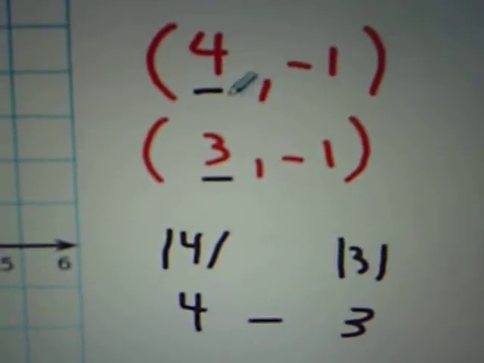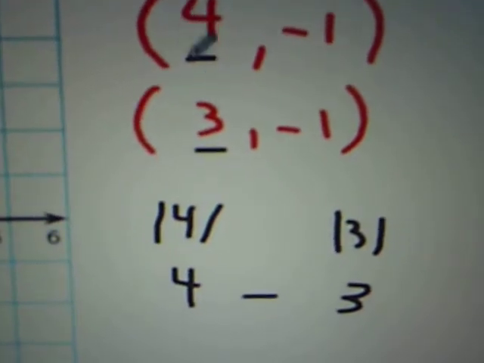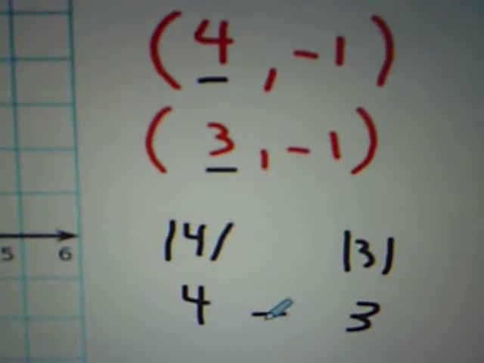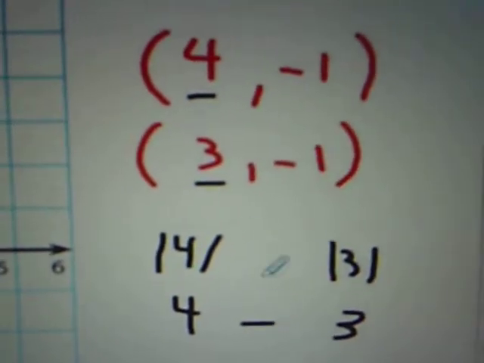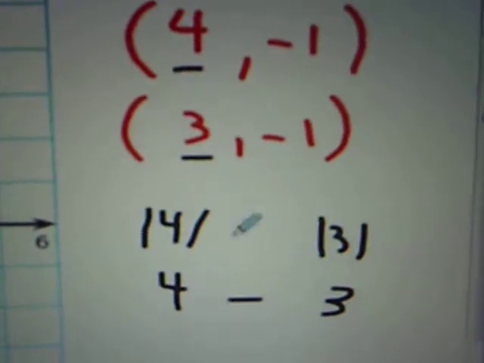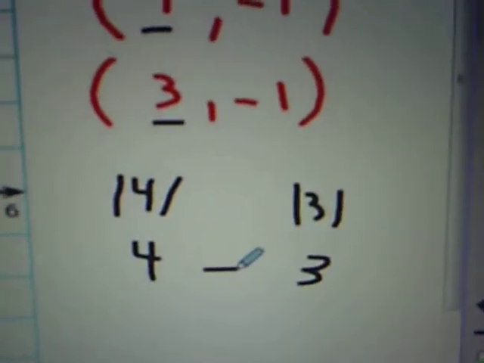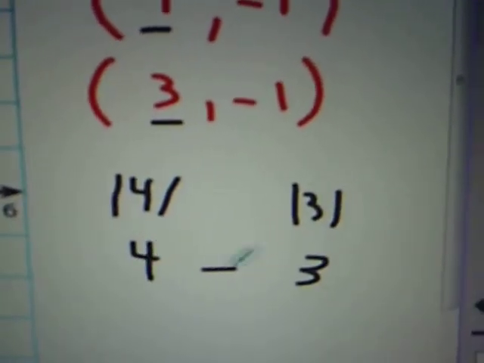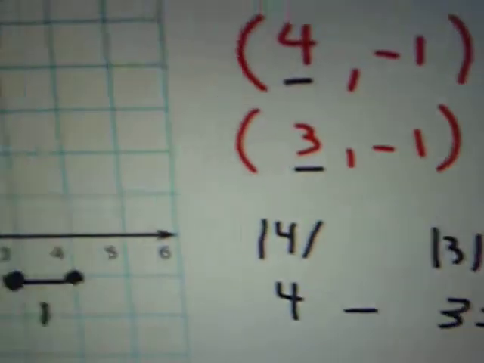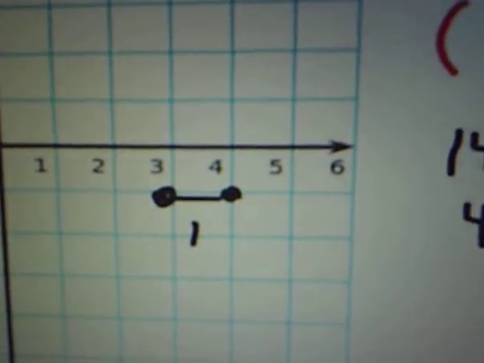Are they both positive or both negative? If they match, either both positive or both negative, you subtract. If one's positive and one's negative, you add. But this one, they're both positive, so we would subtract the absolute value, putting the larger number first so we don't get a negative answer. 4 minus 3 is 1, and there we have it, the distance of 1.